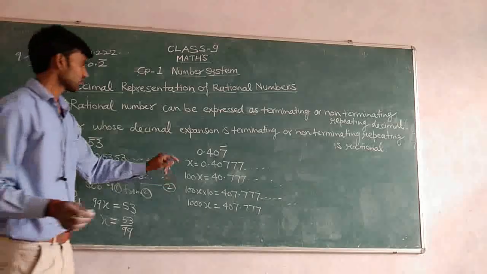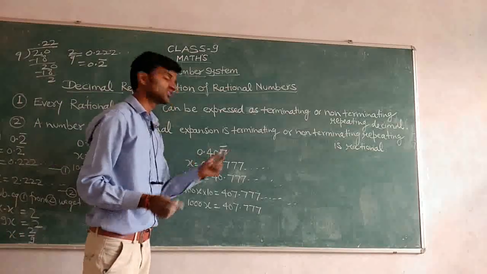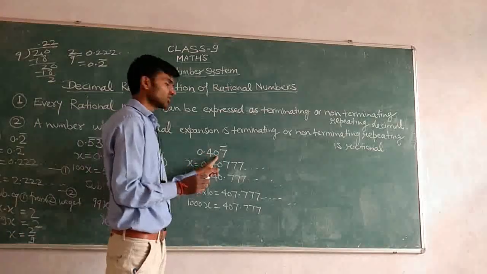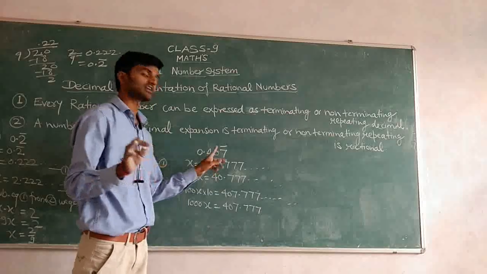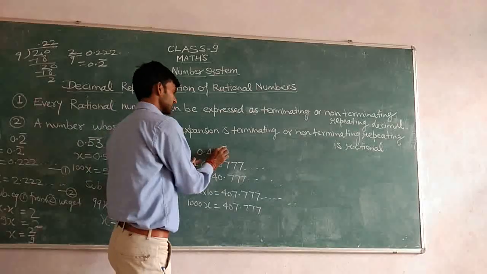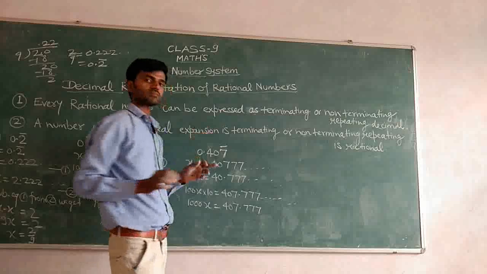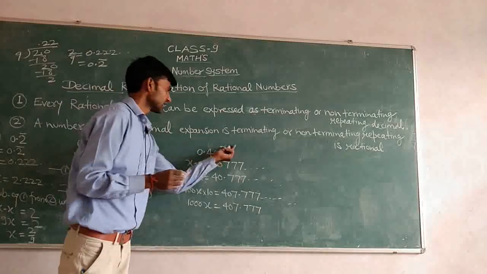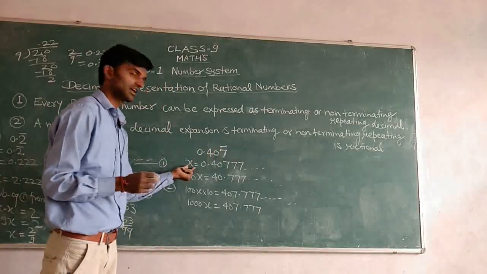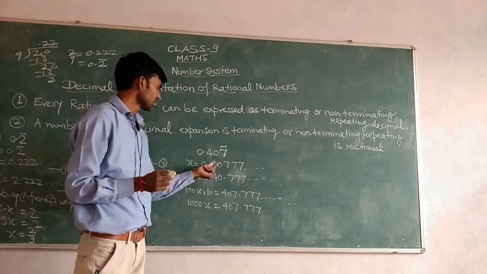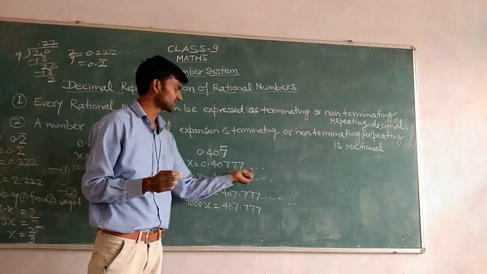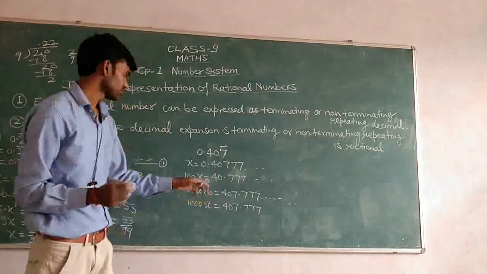Now come to the next, 0.407 with a bar on the 7. Here 40 is not a repeating block. Only 7 is the repeating number. So remove this bar. You can say that x is equal to 0.40777. Only 7 is repeating.